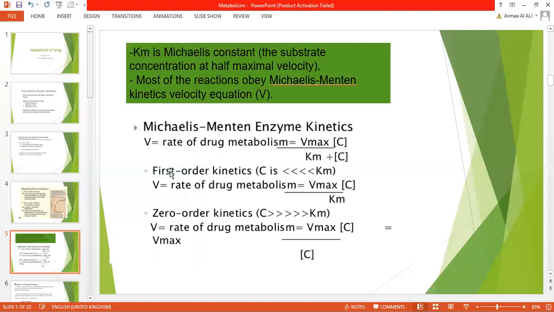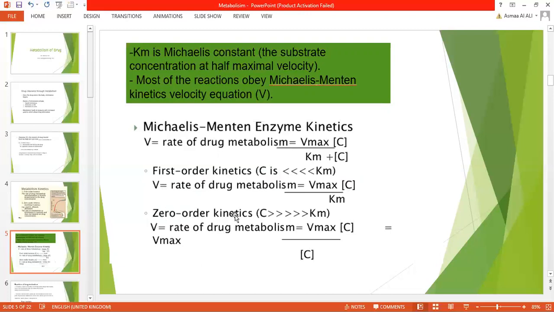This is for first order kinetics, which is dependent on drug concentration. And here the concentration is always smaller than Km, so the velocity will be Vmax multiplied by concentration divided by Km.